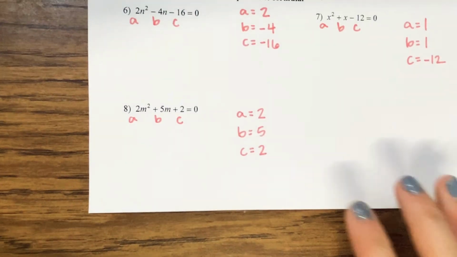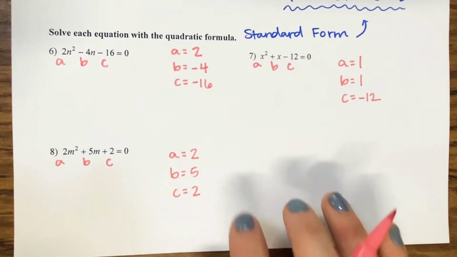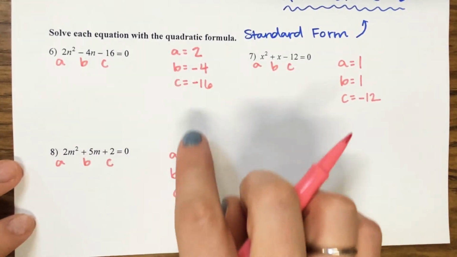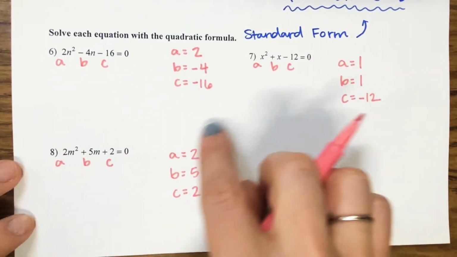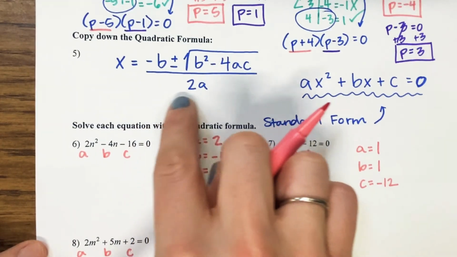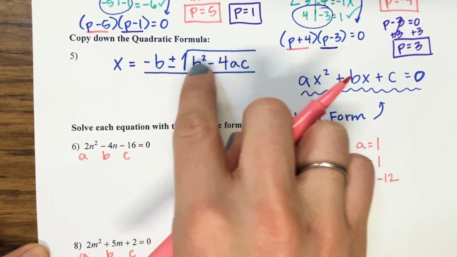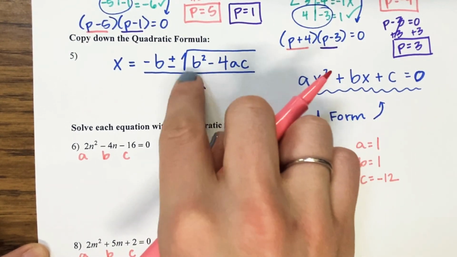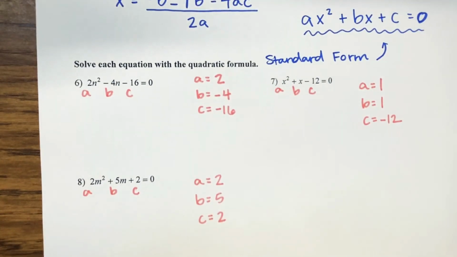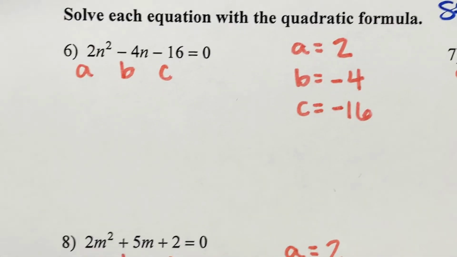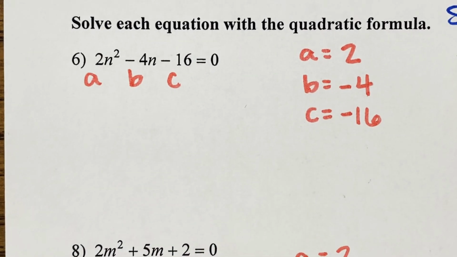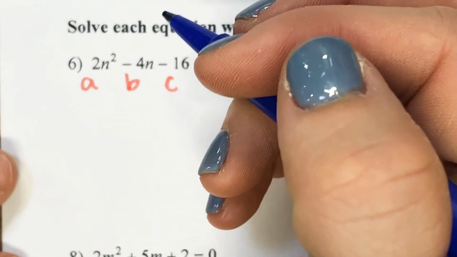Okay, well, knowing all of these things, now we know, given these quadratic equations, what a, b, and c are on all of these guys. So what we're going to do is copy down the quadratic formula, but instead of b's, a's, and c's, we're going to just put blank spaces. Okay, so let's look at number 6. We always start our quadratic formula.